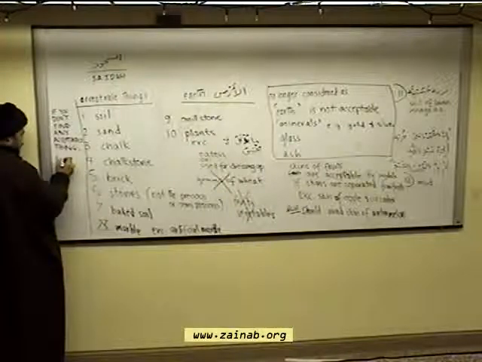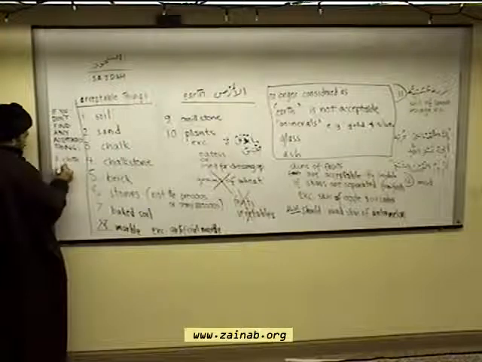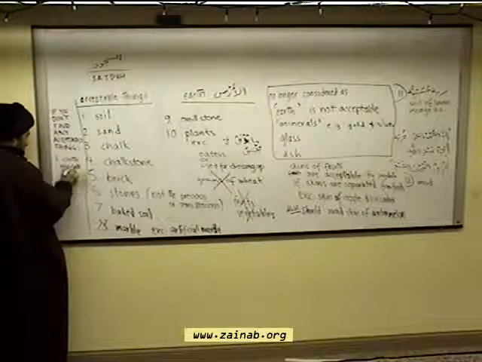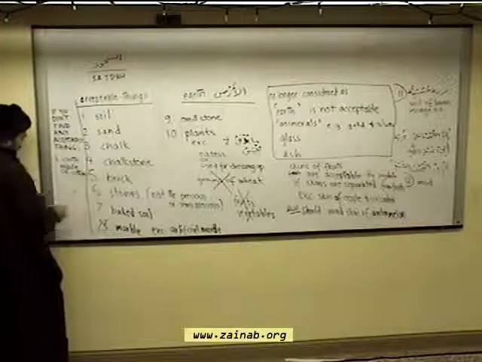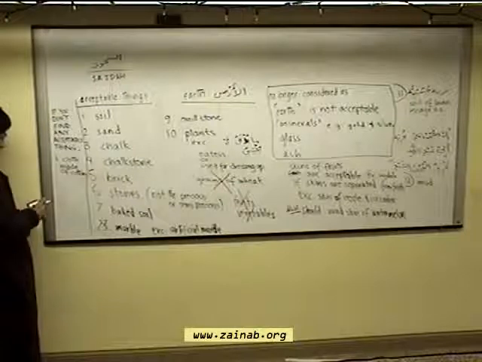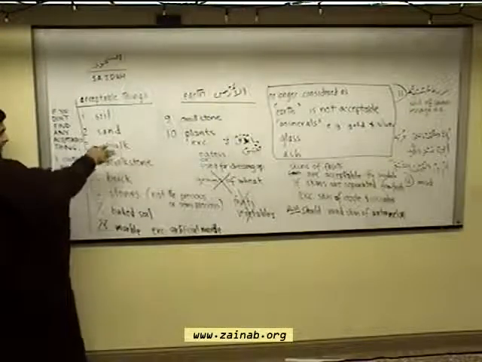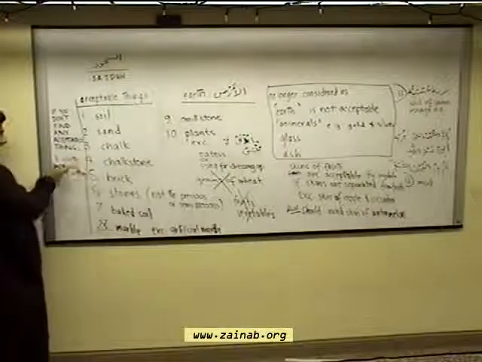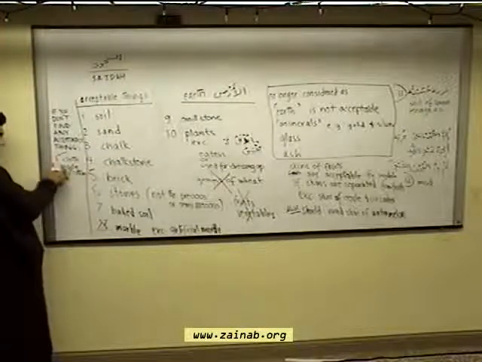The first is a cloth made of cotton. If you don't find any of these acceptable things for sajda, your first preference, following the sequence, is a cloth.